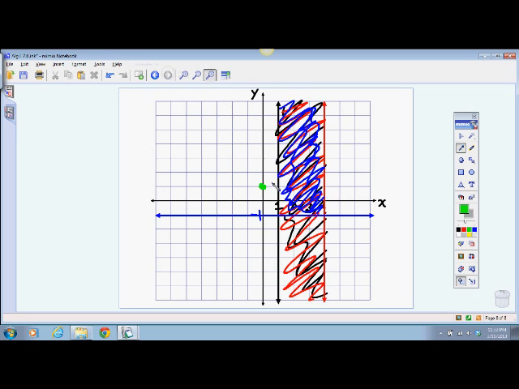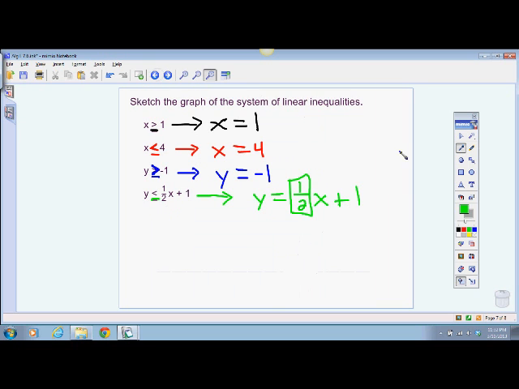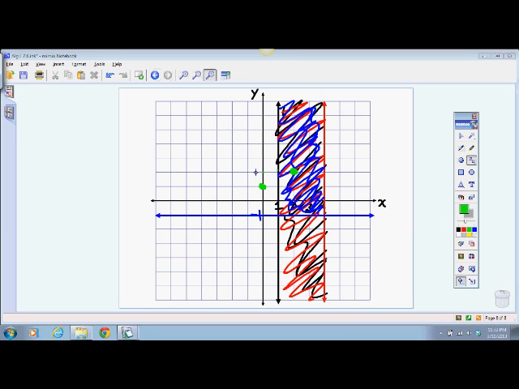So rise 1, run 2. Because it can be equal to, we are going to put a solid line through these points. Like that.